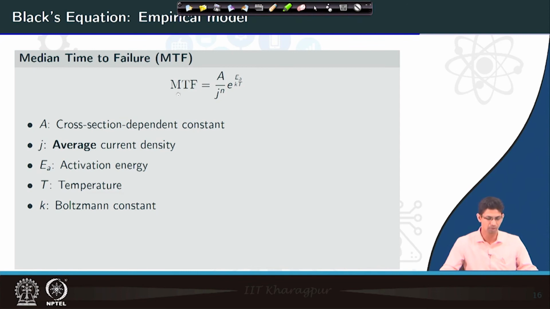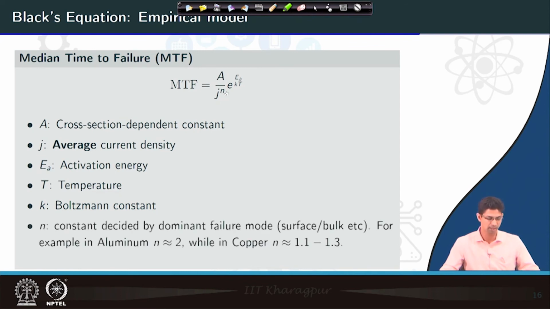So what is n? n is a constant that is empirically determined. This depends on the material and what the dominant failure mode is, whether the electromigration is happening more at the surface, or in the bulk, the interior of your interconnect. That is empirically found.